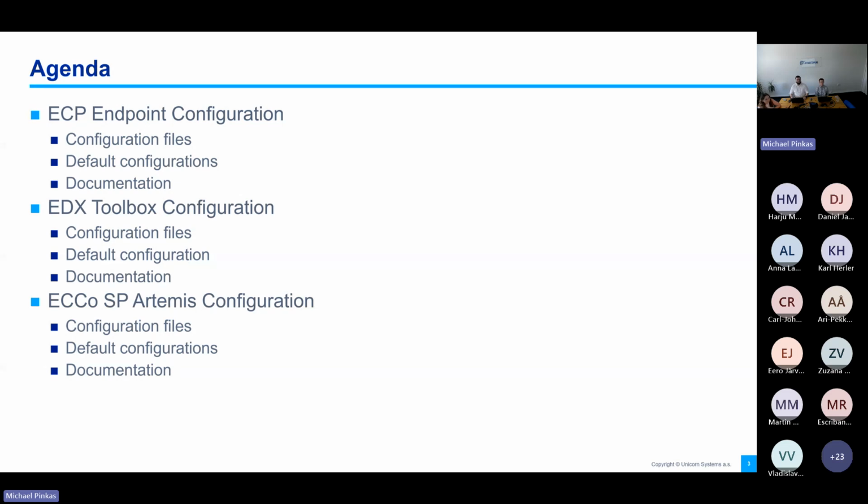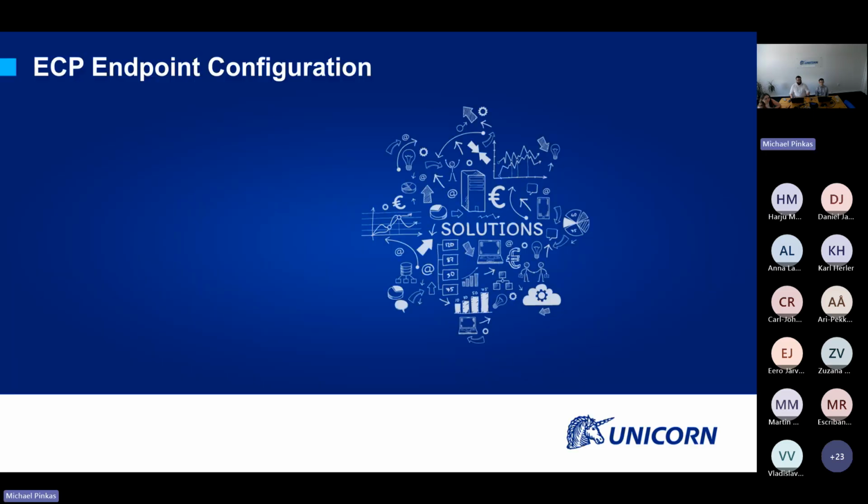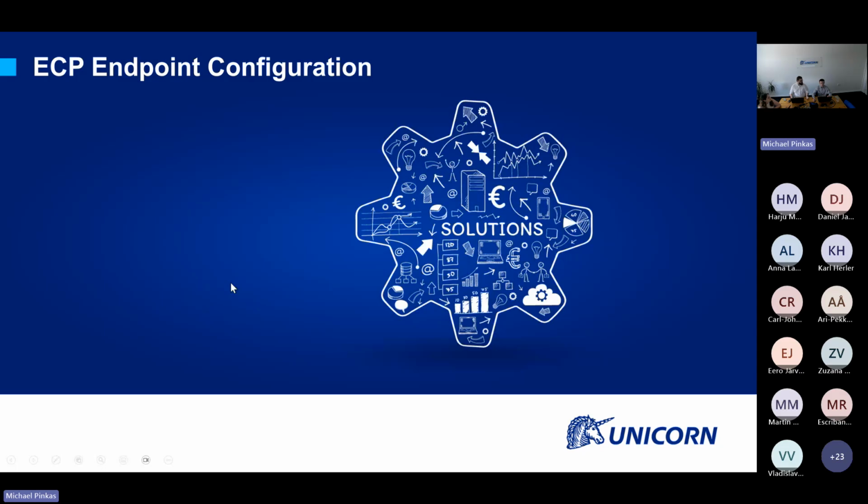The same will then apply also to the EDX toolbox and the ECCo Artemis, which will finish the whole ECCo client part. So we can start with the ECP configuration. Floor is yours. Thank you very much.